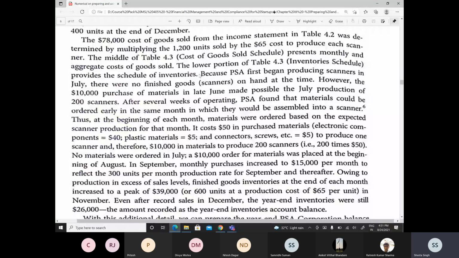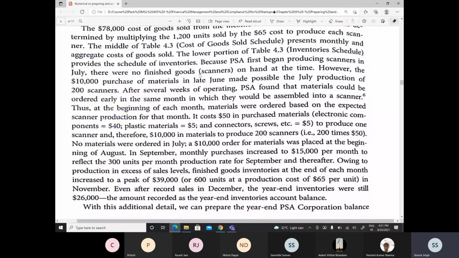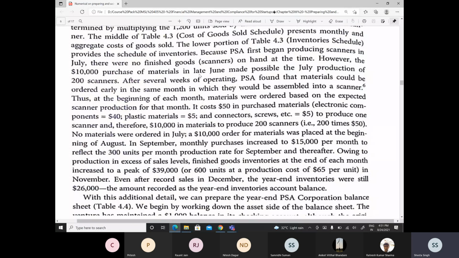No materials were ordered in July. A $10,000 order for materials was placed at the beginning of August. In September, monthly purchases increased to $15,000 per month to reflect the 300 units per month production rate for September and thereafter.